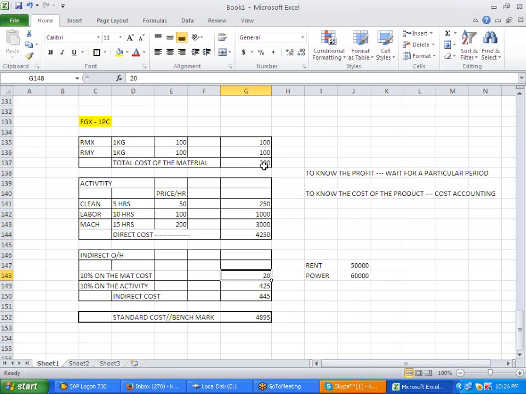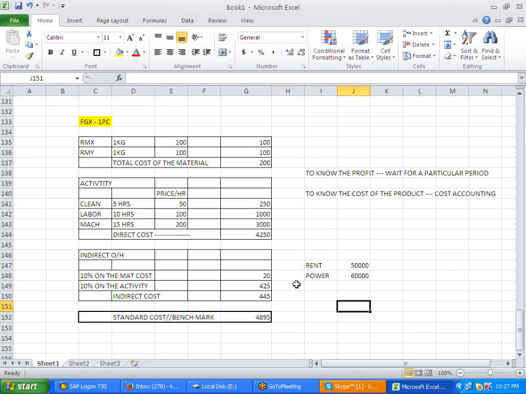Similarly, on this activity 4250, 10%. So this is how I'm allocating my indirect cost, because I'm not easily able to put it directly. For example, the rent, 50,000, I'm not able to allocate. So the company decided that you go ahead and put 10% of the material cost as an indirect cost. So this 2045 is nothing but all those indirect costs.